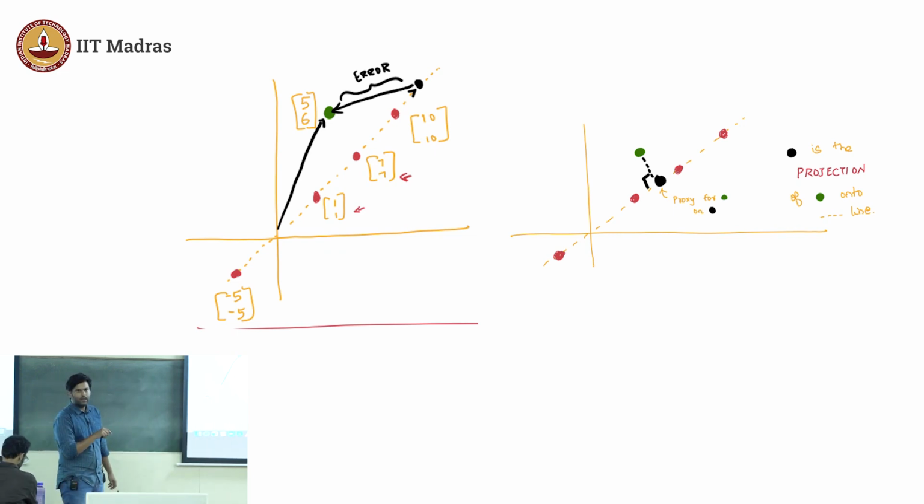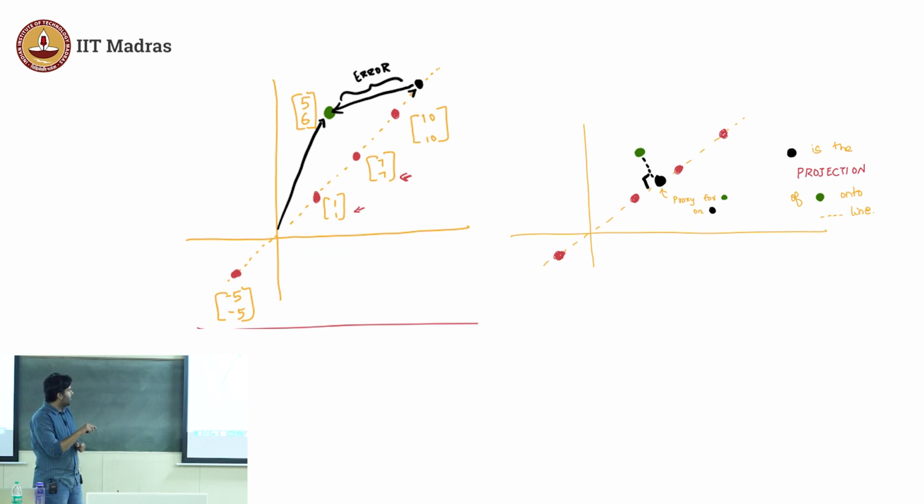pretend this green point, there are two things you can do. You can pretend that this green point was not there at all, which is the ignoring part. Or you can pretend that this green point was not here, but was actually on this line, right? For example, I can pretend this green point is anywhere on this line.